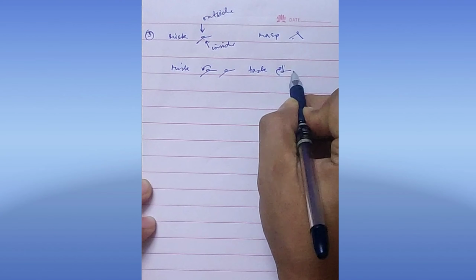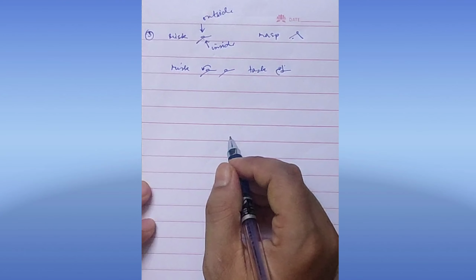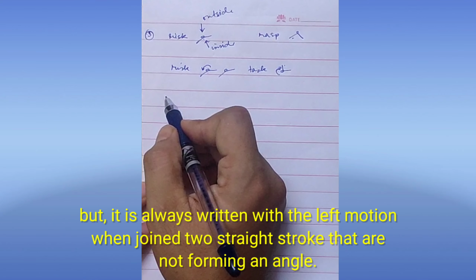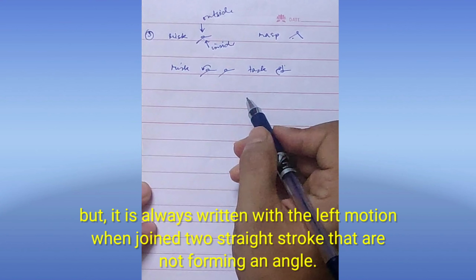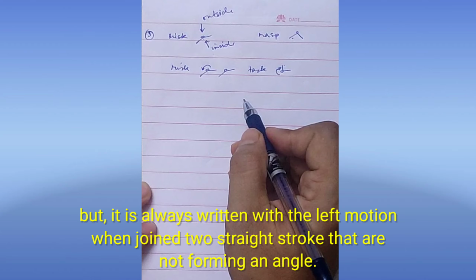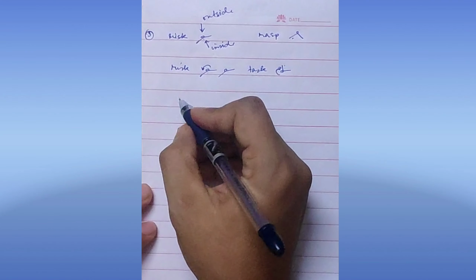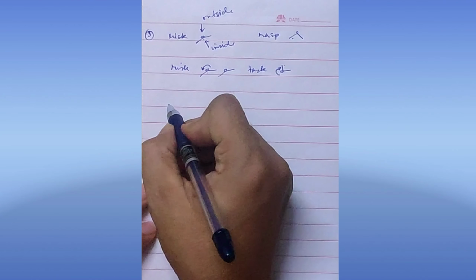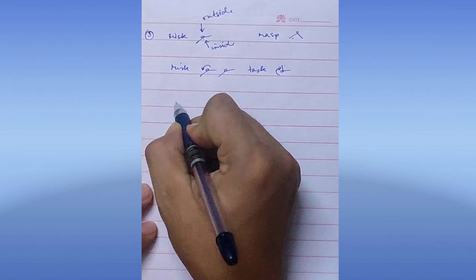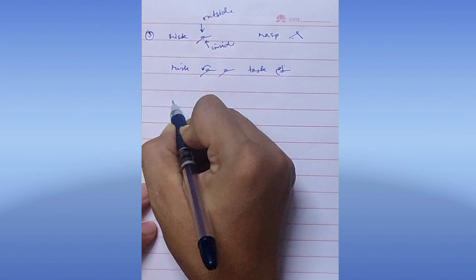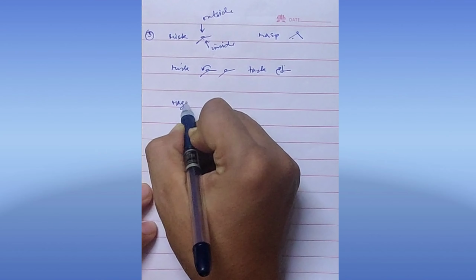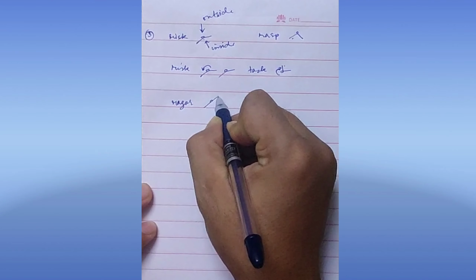But it is always written with a left motion when joined to straight strokes that are not forming an angle. Means when you write two straight strokes, for example, I'll take one word, razor.